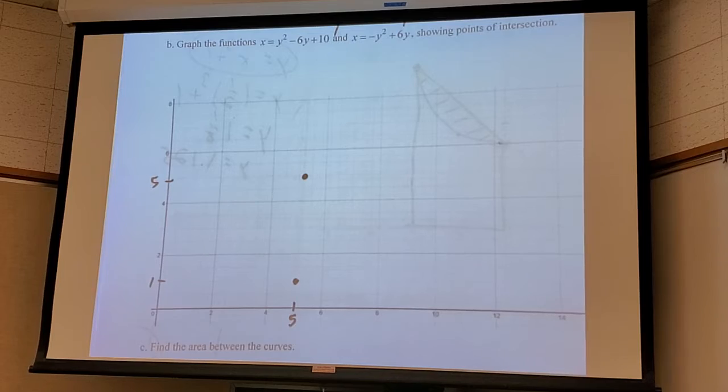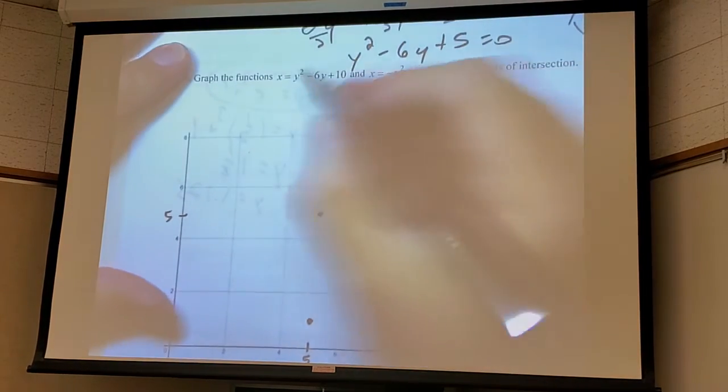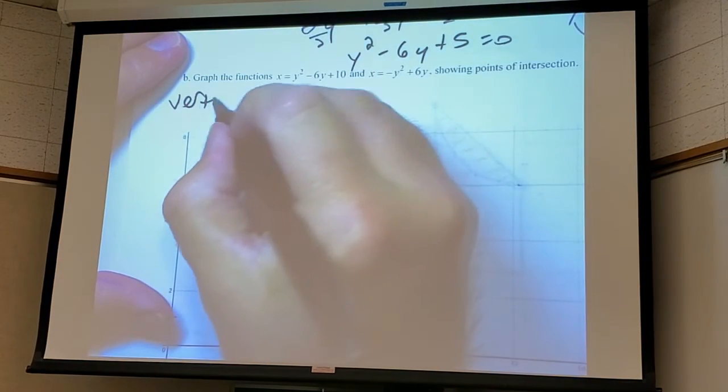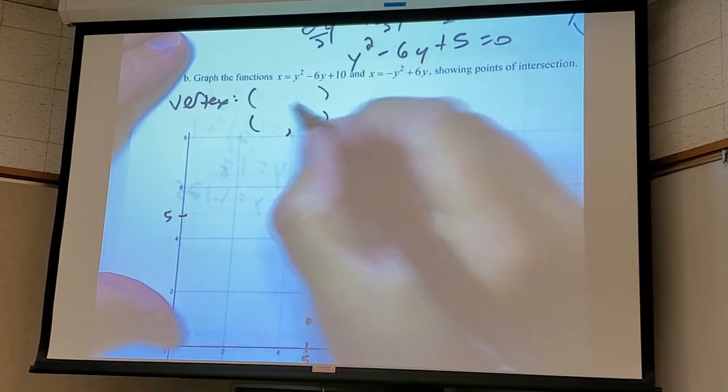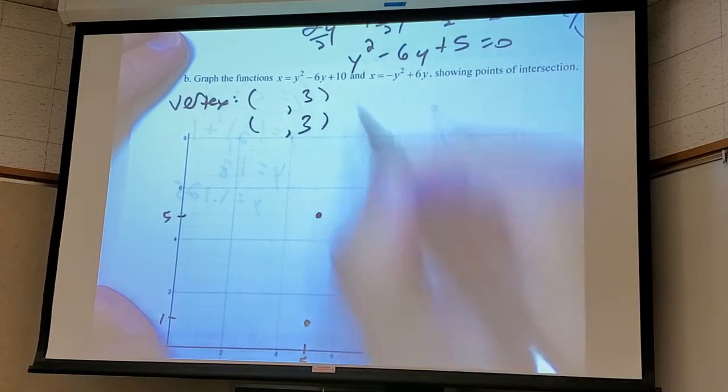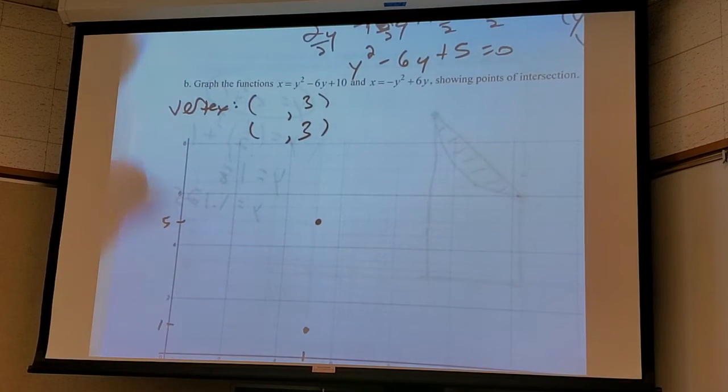So what do I get when I plug y equals 3 in? We just figured out that the vertex for each is going to have a 3 here. So what do I get when I plug a 3 into the first one, the positive parabola? I get 1. You've got to be really careful. Again, you've got to train your brain.